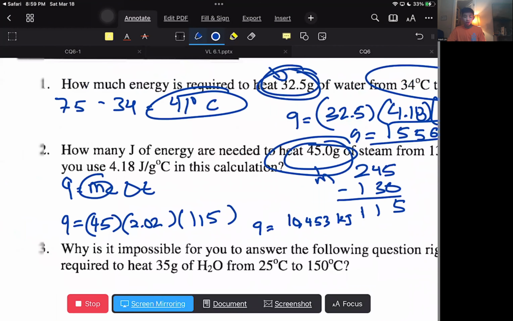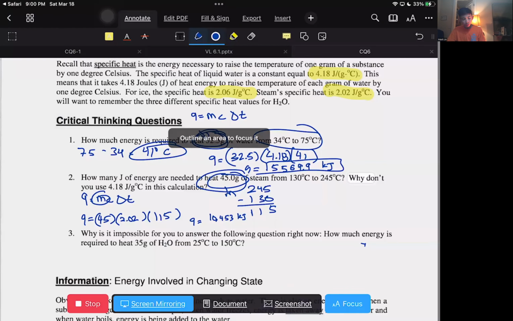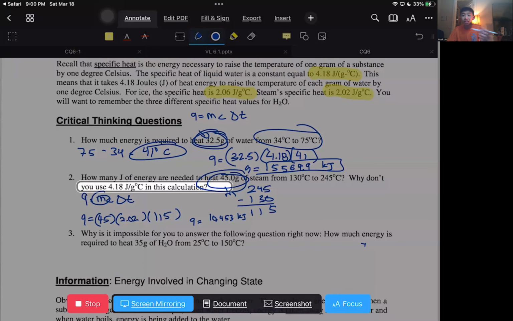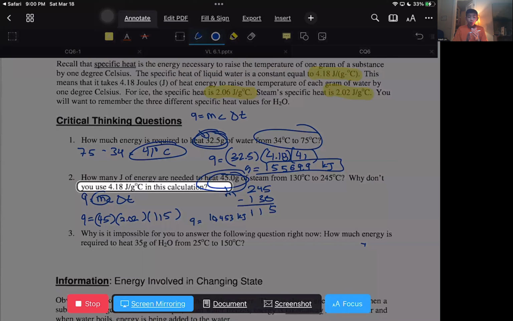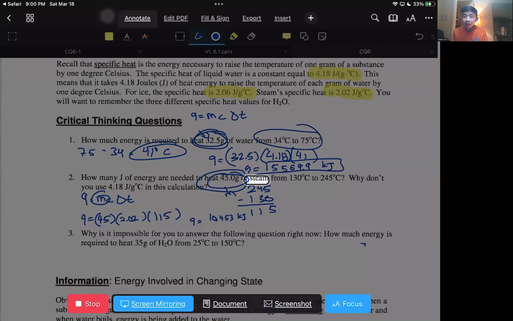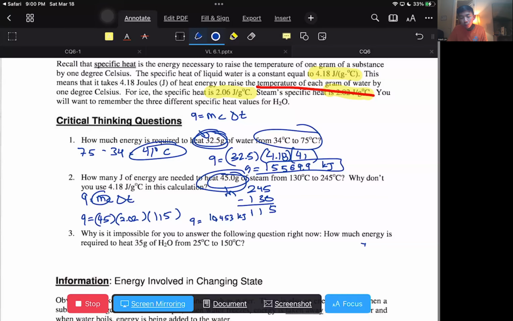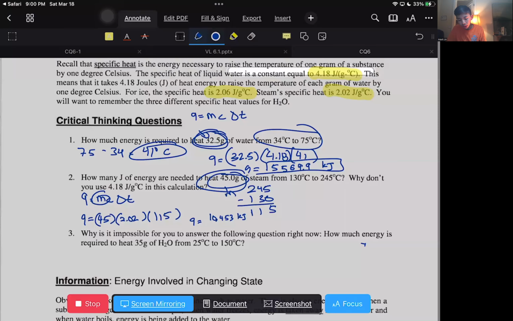And now for the second question, why don't I use 4.18 in this calculation? Well, I just answered it. It's asking for steam. Steam's specific heat is different from water's. Steam's specific heat is 2.02, while water's is 4.18.